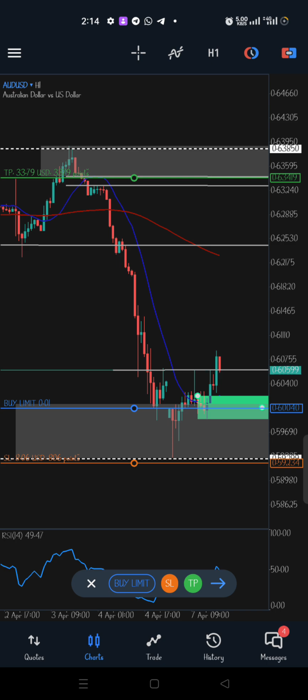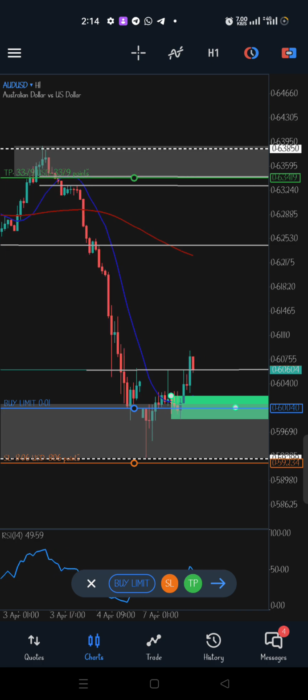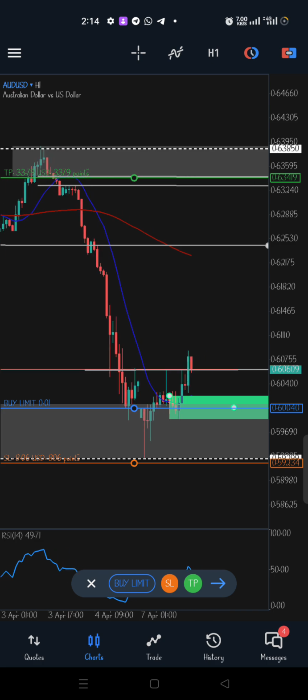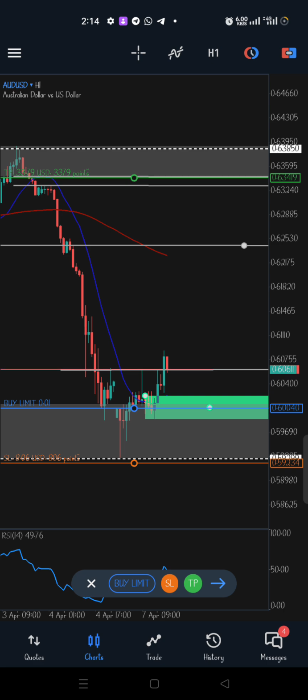which gives a confirmation that the price has been in a downward movement, and currently price has also formed another change in character up from the demand zone. So we have our confirmation already. All we need to do is wait for price to reverse back to the order block, which happens to be within the demand zone.